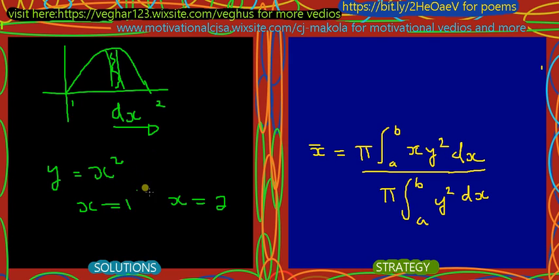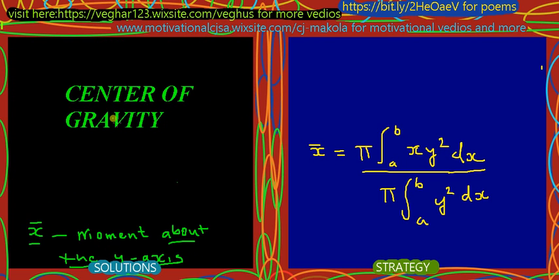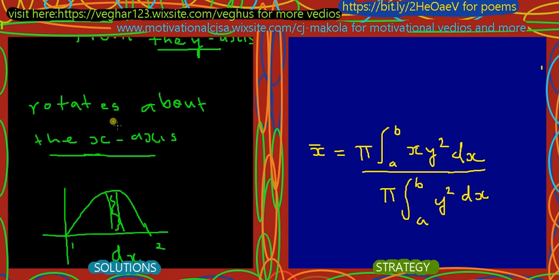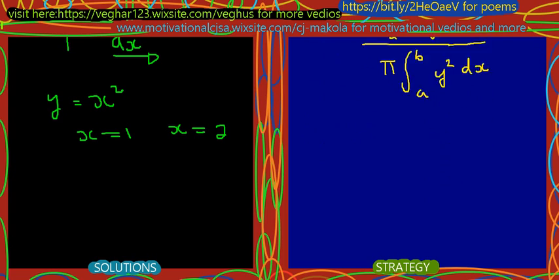If they are talking about the center of gravity and then they give you this, we have to use the x bar. As you can see, this is the center of gravity on the x-axis. So let's check the one for the y-axis.